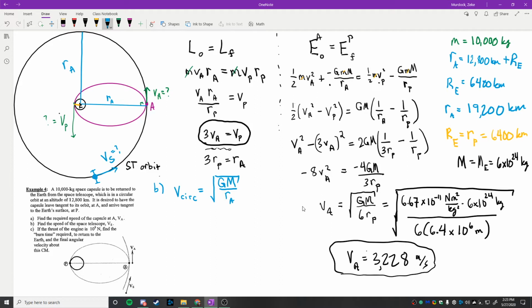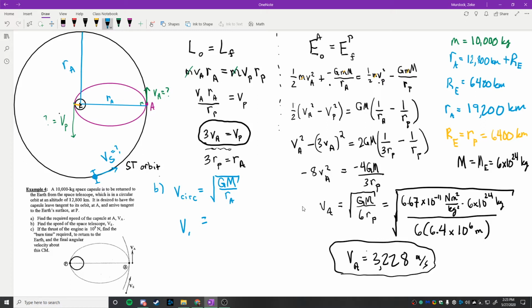Alright, so the velocity of the circular orbit, yeah, it's the square root of G M over r. You derive that by using what you know about circular motion and the gravity force between the two objects, just equating force to mass times acceleration. You can prove this right here.